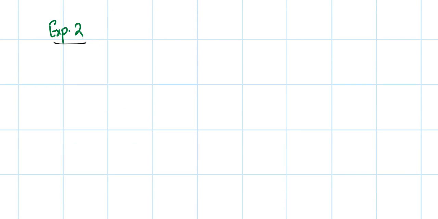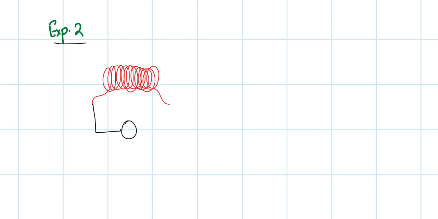Now let us move on to experiment number 2. In experiment number 2, again we will have a coil or a solenoid. Instead of coil, we can make use of solenoid, which is again connected to a galvanometer.